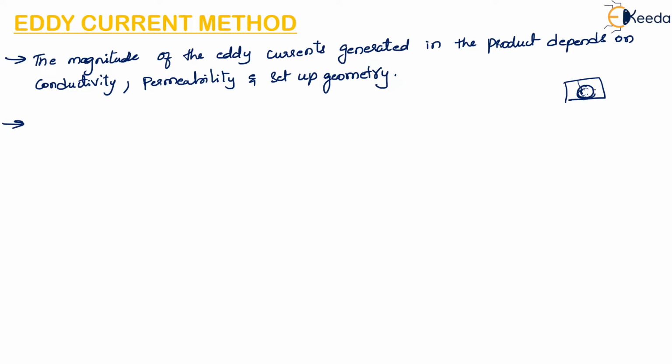So if there is a change in the geometry, then the excitation coil will show a change in coil impedance. So by this change in the impedance, we can detect the change in the geometry of the material.